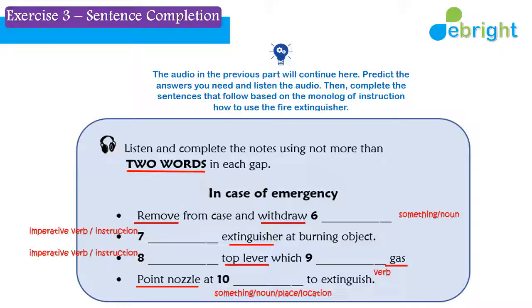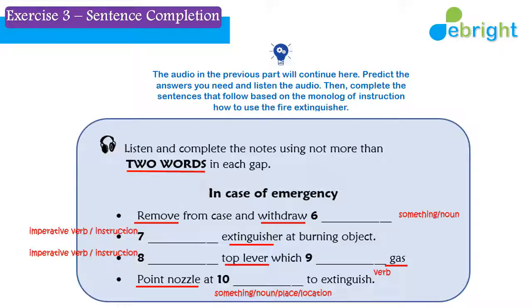Track 11. A fire extinguisher can quickly put out a small fire before it spreads. First of all, take the extinguisher out of its case and pull out the safety pin. Nothing will happen when you do this. It just unlocks the extinguisher. Holding it by the handle, point the extinguisher at the fire or whatever is burning. Then all you have to do is to press the lever at the top of the container.